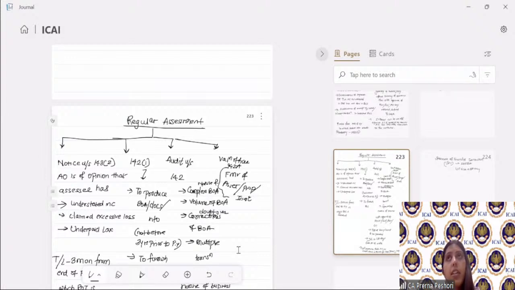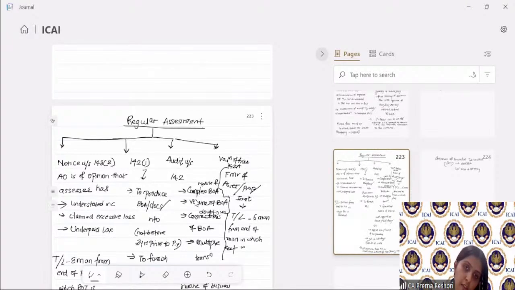And if the assessee again does not cooperate, then it will be the best judgment assessment. What is the time limit for submission of the valuation report? Time limit is 6 months from the end of the month in which reference was made.